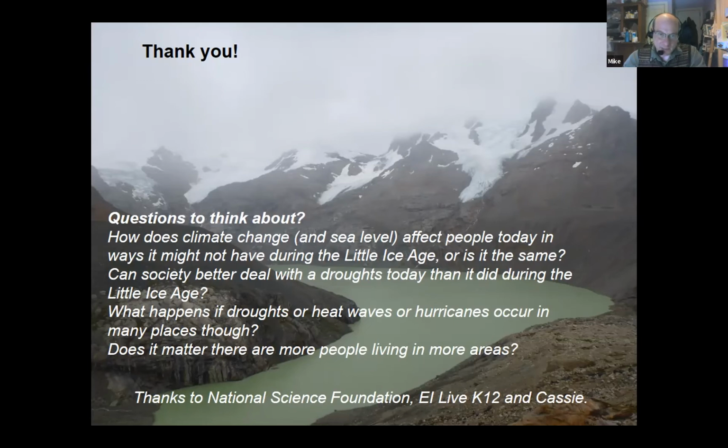Can society better deal with droughts today than it did during the Little Ice Age? Maybe if a drought happens in one or two places, it could be dealt with because we have better ways to move stuff around. But what happens if many areas have droughts, or many areas have heat waves or hurricanes? Would we be able to, as a society, deal with it in a better way than during the Little Ice Age?